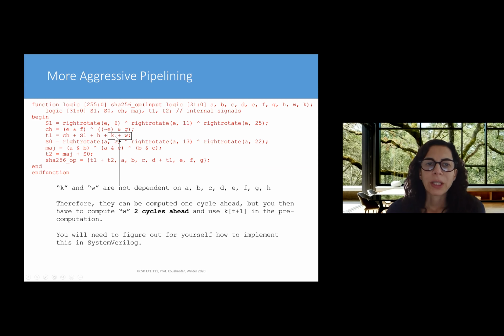But the K and W are not dependent on A, B, C, D, E, F, G, H. Basically, these values we can compute one cycle ahead. And if we compute this W, which will be in the pipeline 2 cycles ahead, we can pre-compute things. And this is something that we could use as a hint.